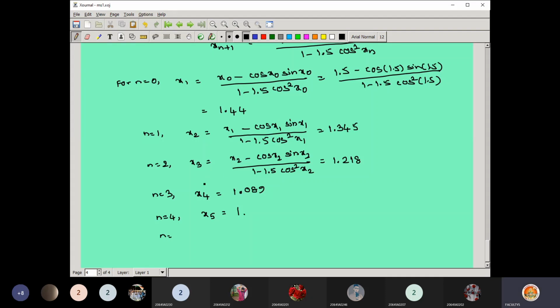Go for the next value, n equal to 5, x6. Substitute 1 and see what comes. 1.001.